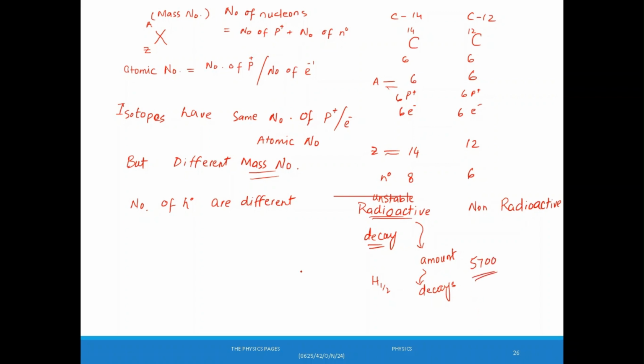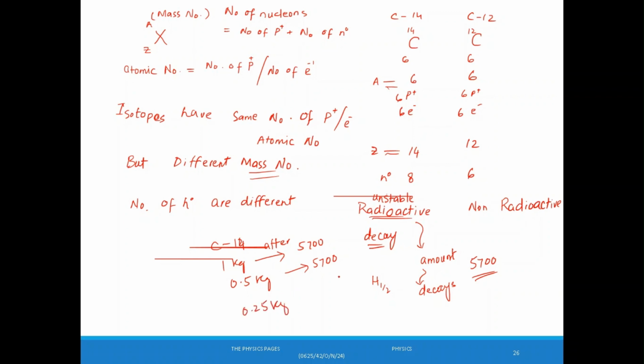For example, if the original amount of carbon 14 is 1 kilogram, then after 5,700 years it will go to half a kilogram, and after another 5,700 years, that is 11,400 years, it will change into half of this remaining, that is 0.25 kilogram.